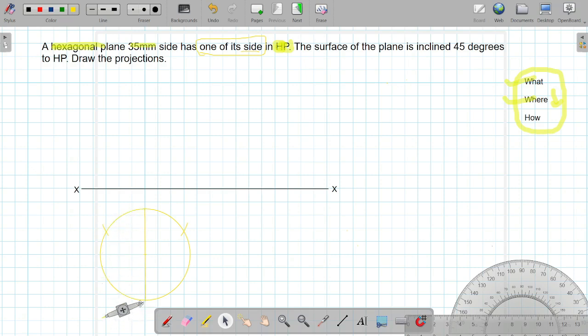Similarly, keep the compass at this particular location and make an arc on left side as well as right side. Now we will join these points by means of a straight line by using the scale. We have to use the scale for joining these points.